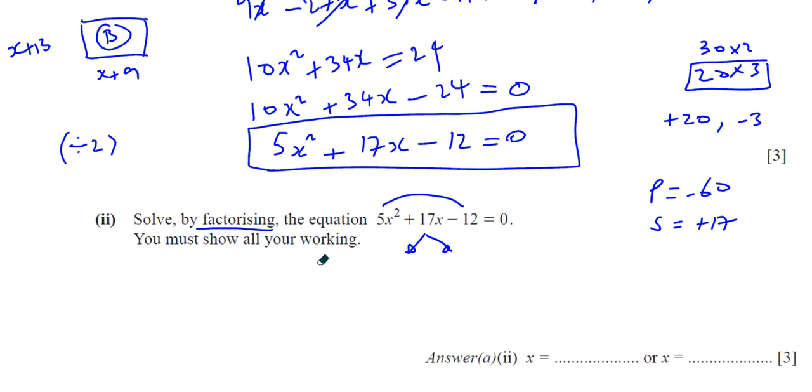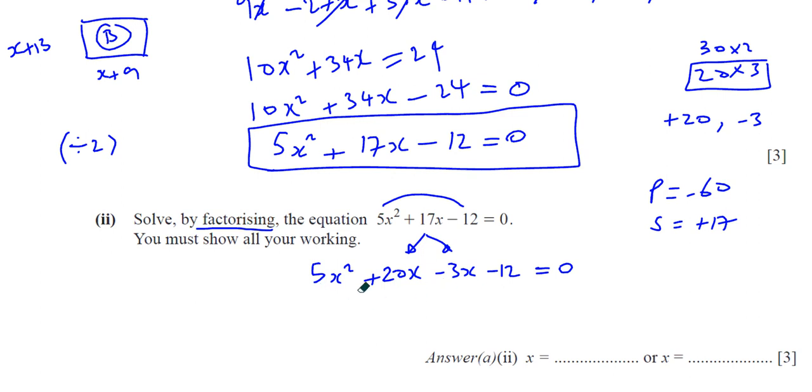So you have 5x squared. I can write them either way around, but I'm going to put the 20 closer to the 5, so plus 20x and minus 3x, and minus 12 is equal to 0. I can see that these 2 expressions are exactly the same. I've just split it into 4 terms, and now you can factorize by grouping.